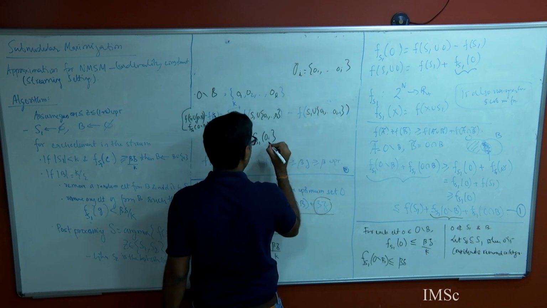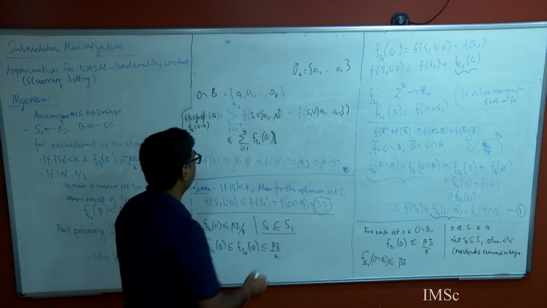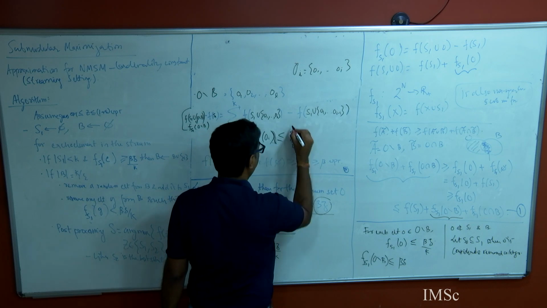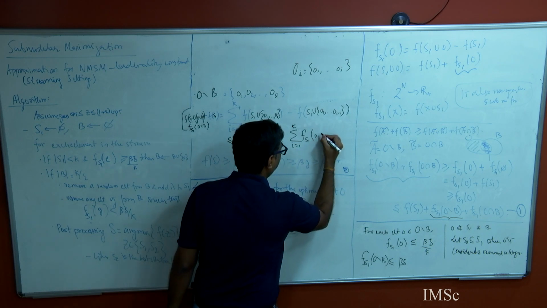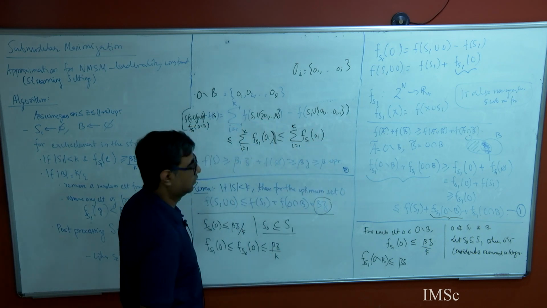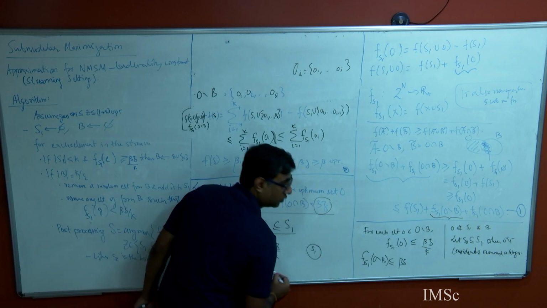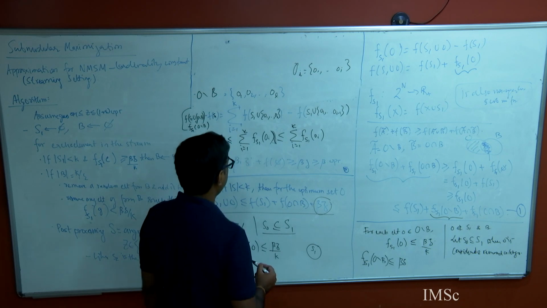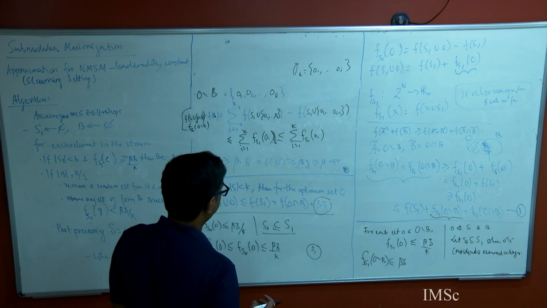Now each of these terms, summation i equal to 1 to k, is less than or equal to f of S1 with little o of i, because look, here is your S1, S1 union?